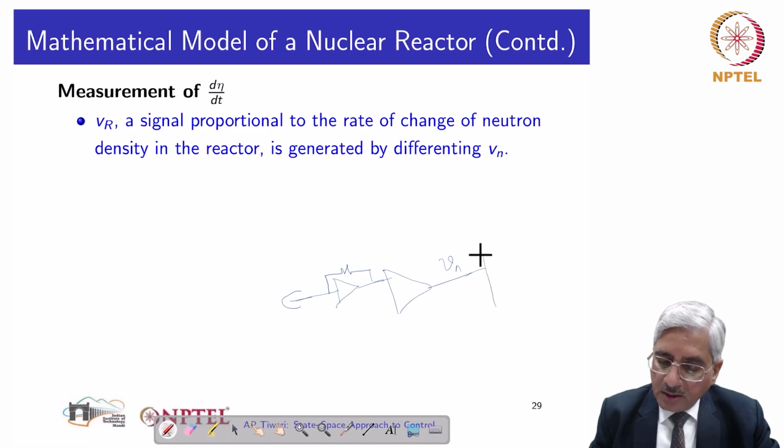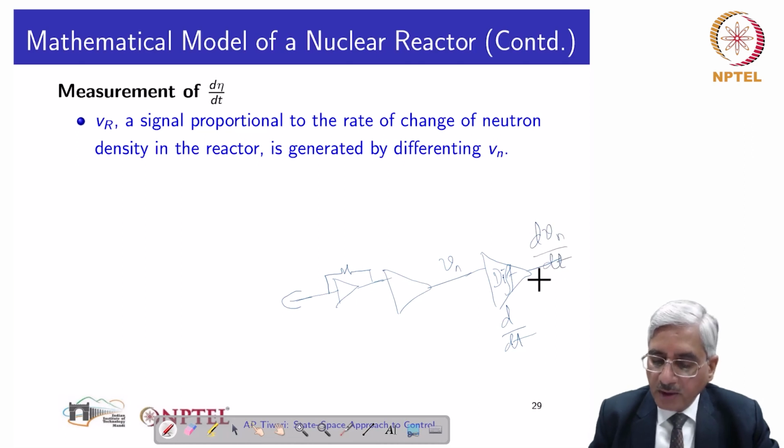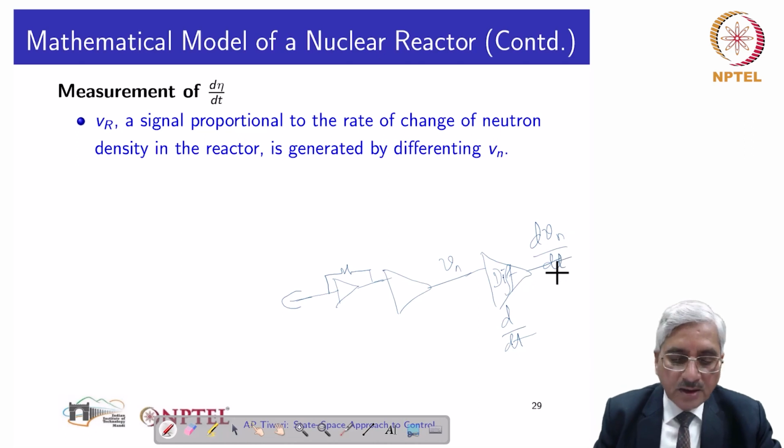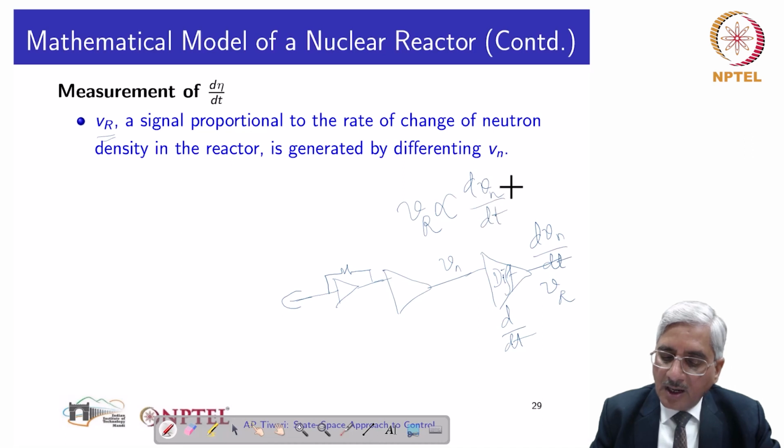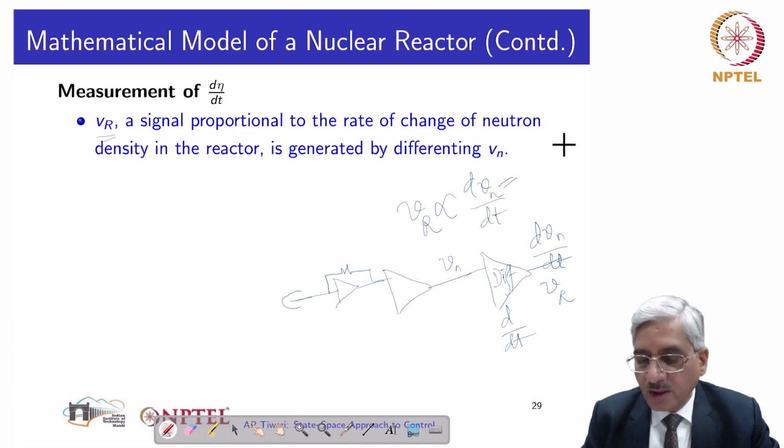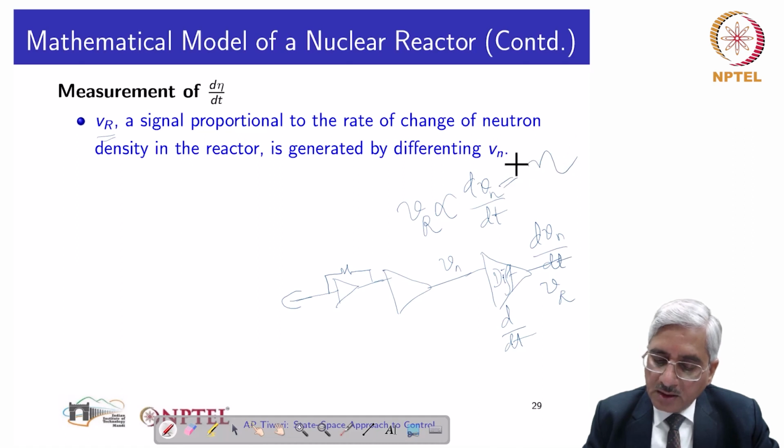Now it is also differentiated. So there is a differentiator d by dt circuit and it produces dVn by dt. The output voltage of the differentiator, which is denoted Vr, is proportional to dVn by dt, and because Vn itself is proportional to neutron density eta, this Vr is proportional to d eta by dt.